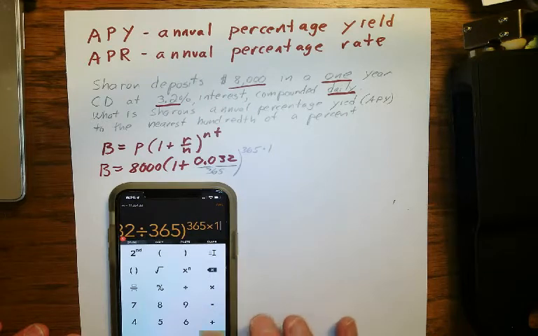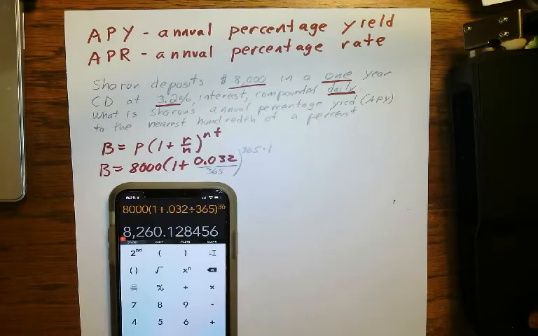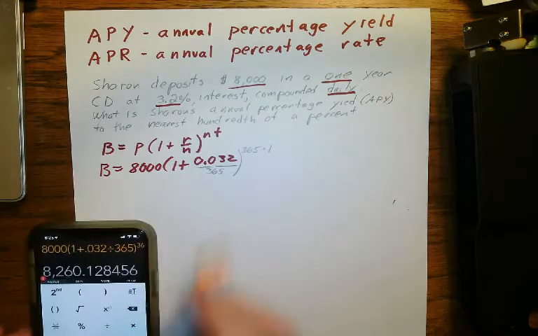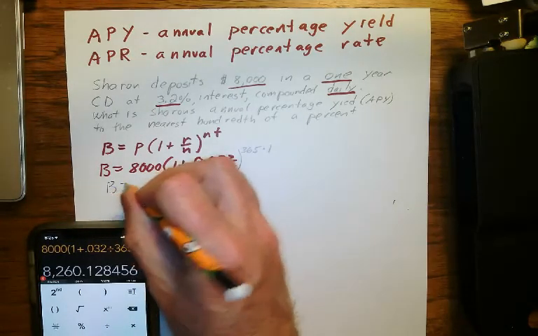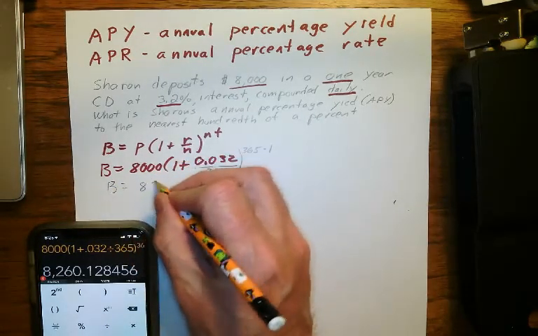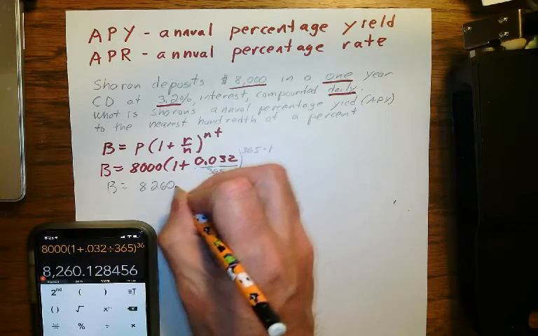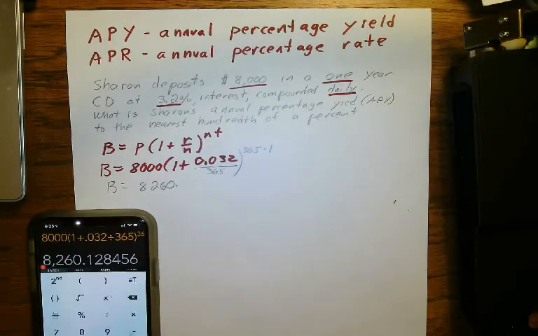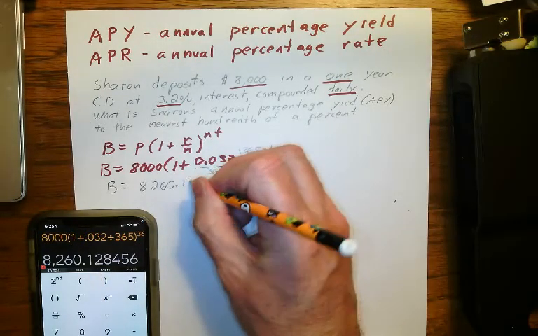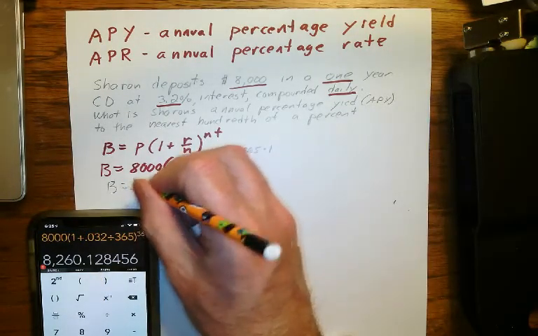And I hit equals, and she ends up with her ending balance of $8,260. And remember, in this class, it's always dollars and cents, 2 decimal places, so there's a 12, but that 8 rounds that 12 up to 13 cents. So that's her ending balance.